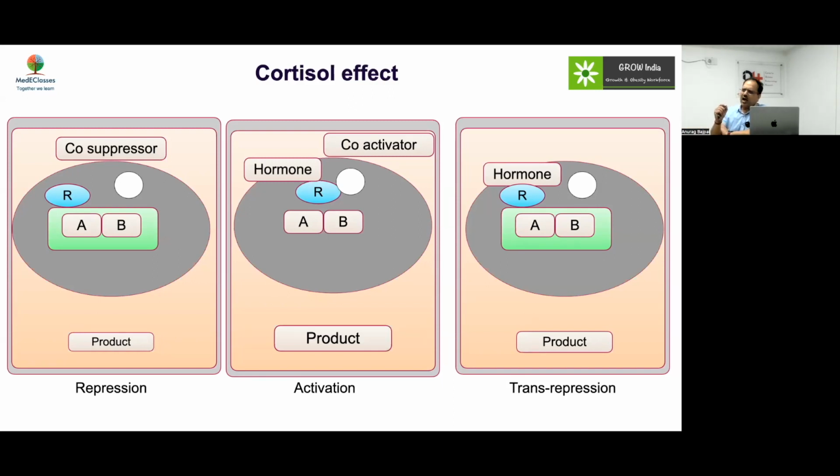Now, do we have different glucocorticoid receptors in different places? We do have, yes, according to expressed tissue variation, we do have different kinds. What do you mean when you say different types of glucocorticoid receptor? Are they structurally different?